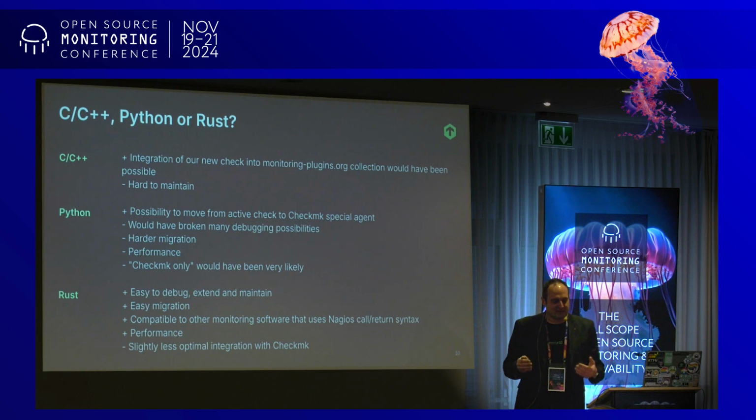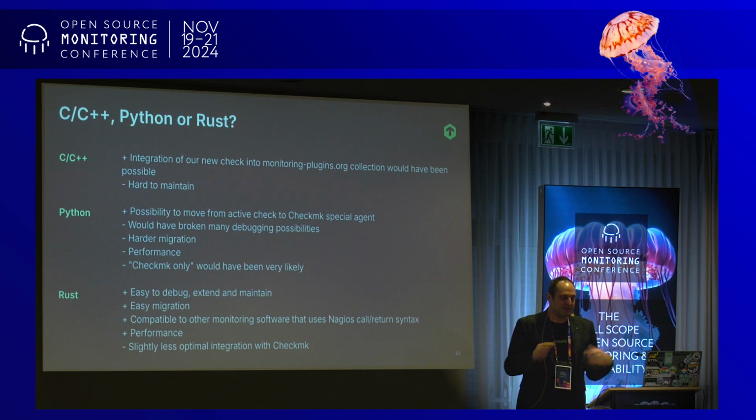We tried to write down the positives and the negatives of all those possibilities. Sure, using C or C++ would have allowed for integration, for adding it to the monitoring-plugins.org collection, but on the other hand, it would be harder to maintain.